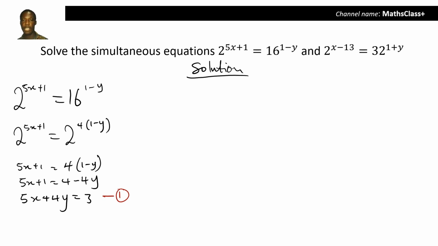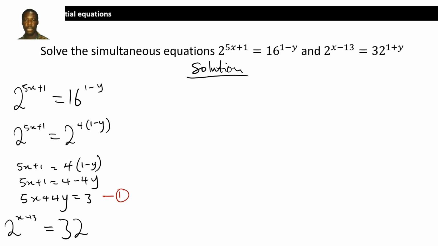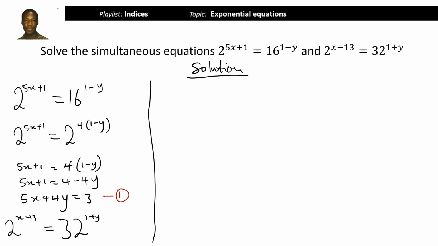Then I take the second equation, which is 2 to the power x minus 13, and this is equal to 32 to the power 1 plus y. So I'm going to rewrite 32 as 2 to the power 5.